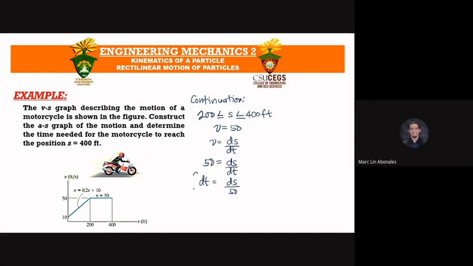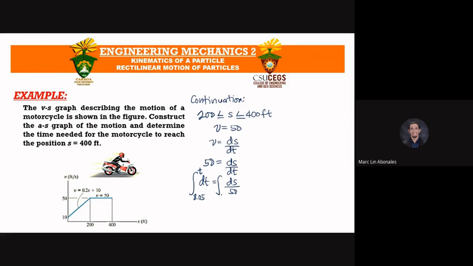Then we integrate again, and you can choose either definite or indefinite integral. Since the inequality is 200 to 400, the time when the position is 200 feet, which is 8.05, is our lower limit, and the upper limit is t, which is the unknown.